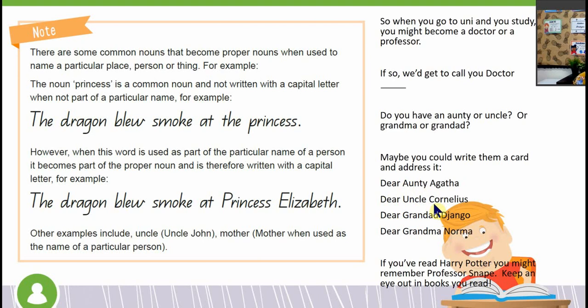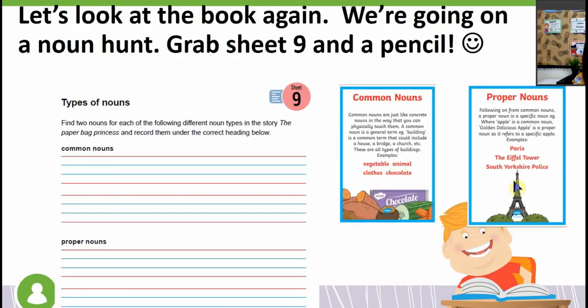So noting that you've got, once again, capital letters here. Dear Grandad Django. Dear Grandma Norma. If you've ever read Harry Potter, you might remember Professor Snape. So keep an eye out in books that you read for proper nouns where people's names get capitals, and the descriptor in front of it.